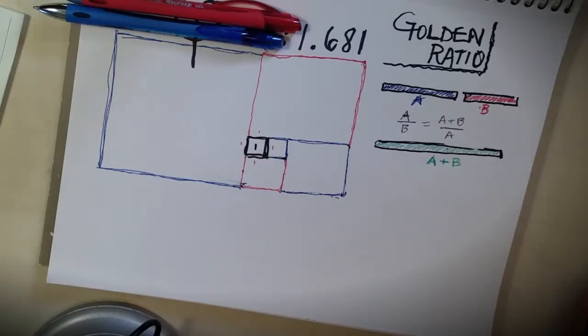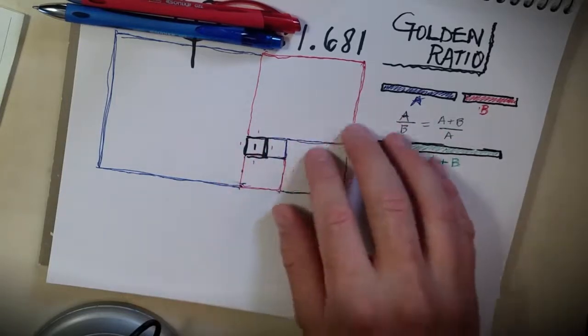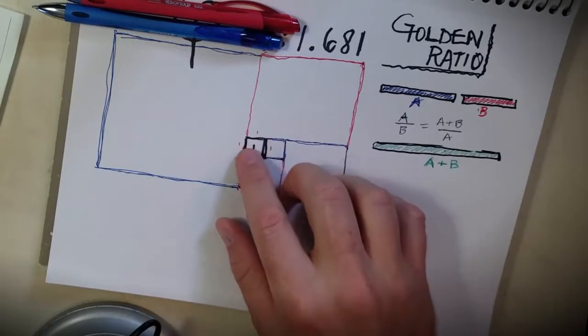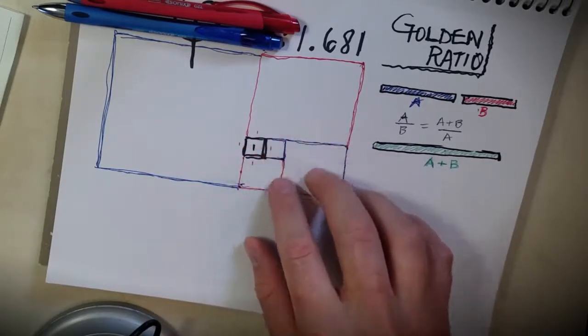the first curve of the golden spiral, or the Fibonacci sequence. Okay, so this is going to be the Fibonacci sequence based on the golden ratio. The Fibonacci sequence is a series in which each number is the sum of the previous two numbers.